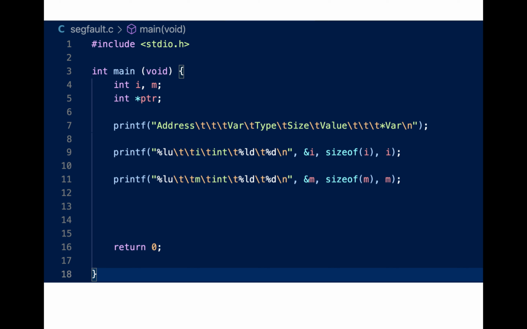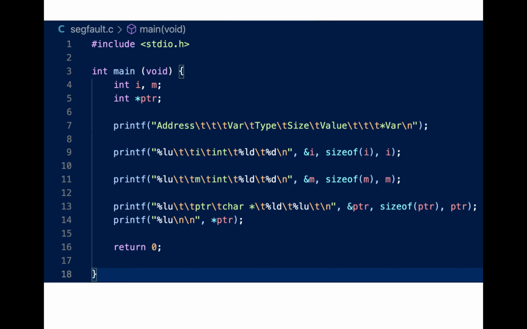The same for variable m. The pointer variable is slightly different because of the additional column, which corresponds to this line of printf over here. We are dereferencing the pointer variable with an asterisk.